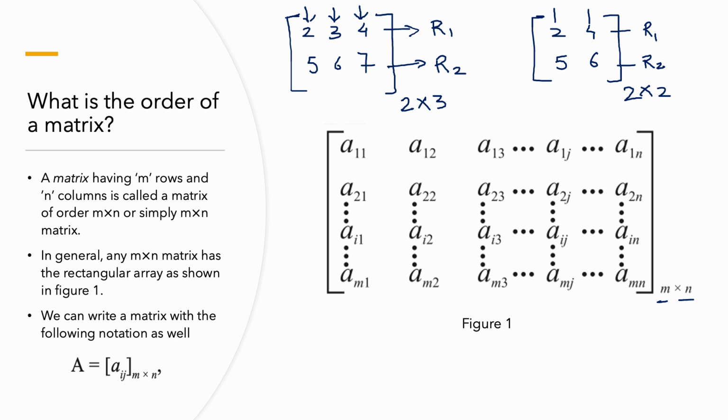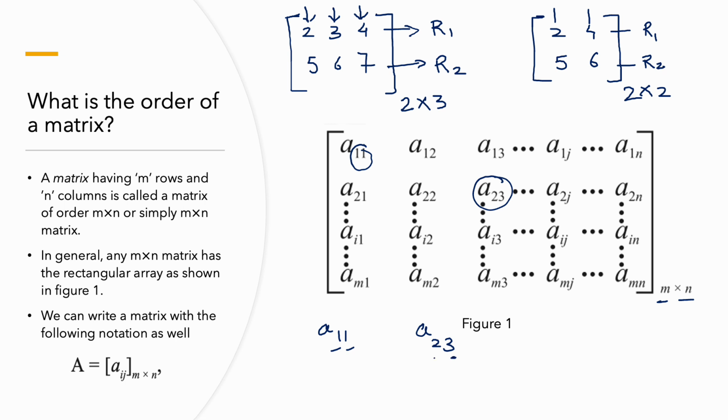Clearly, A11, A12, A13 are the elements of this particular matrix. A11 means this particular element is in the first row and first column. Similarly, what is A23? A23 is an element of the matrix which is located in row 2 and column 3.